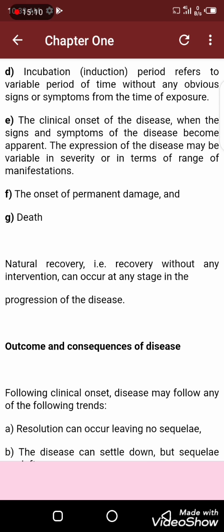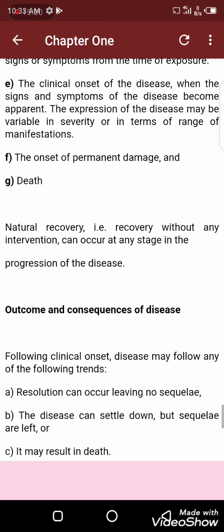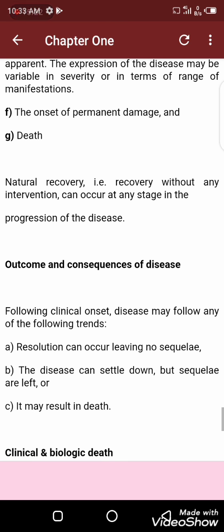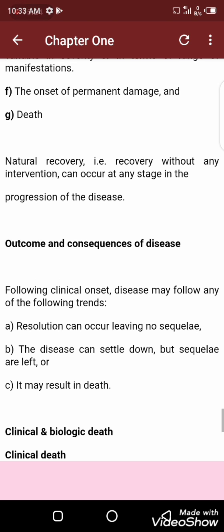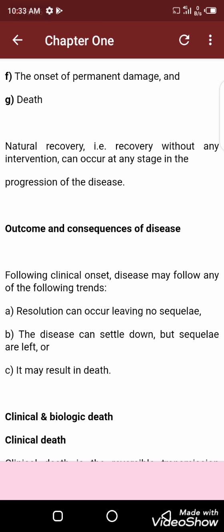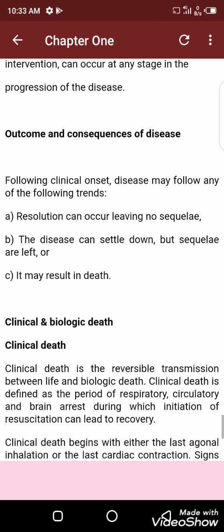The clinical onset of a disease: the signs and symptoms of a disease become apparent. The expression of a disease may be variable in severity or in terms of range of manifestation. The onset of permanent damage and death. Natural recovery, i.e. recovery without any intervention, can occur at any stage in the progression of a disease.